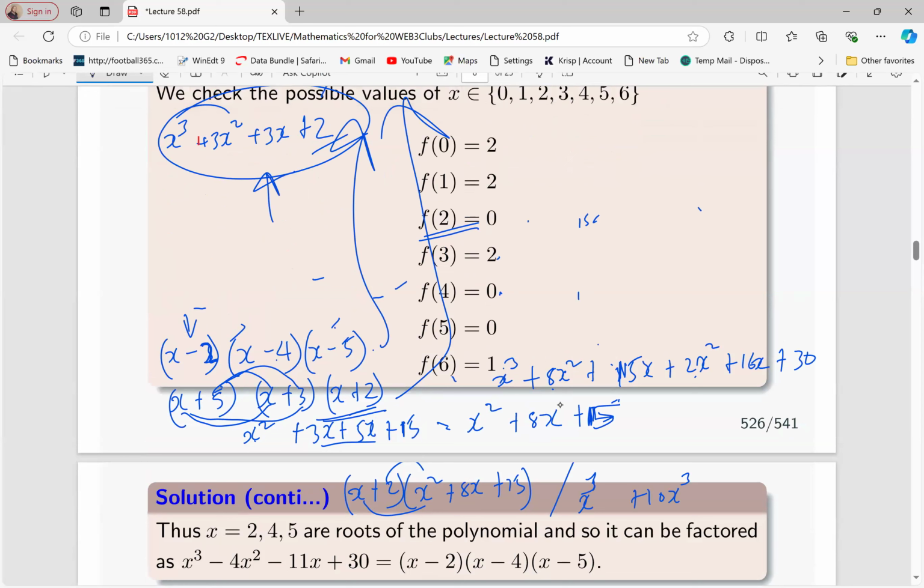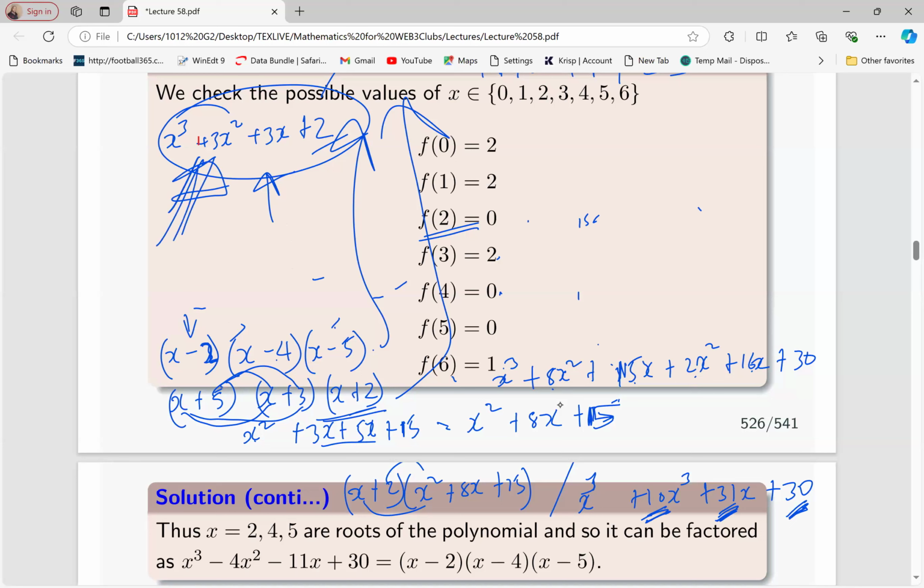Then x, you have 15 and 16, which is 31. Then we have 30. You may now want to reduce them mod 7. When you reduce them mod 7, this goes to 3. And this one, minus 28, again goes to 3. And this goes to 2. Then you have this equation here.